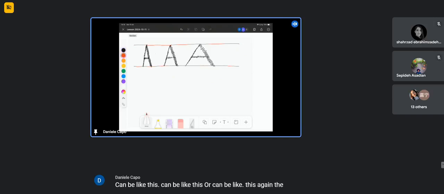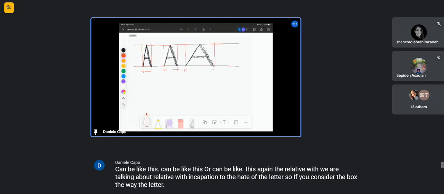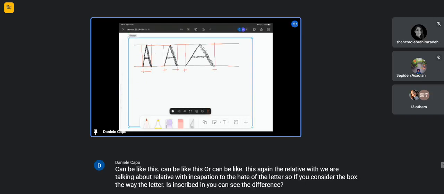Again, we are talking about relative width in comparison to the height of the letter. If you consider the box the letter is inscribed in, you can see the difference.